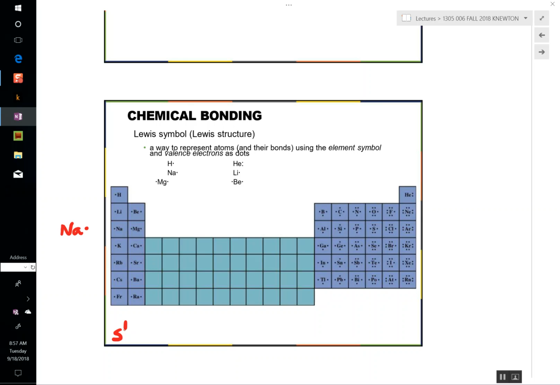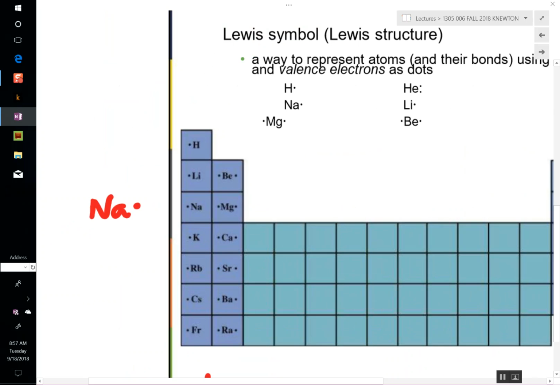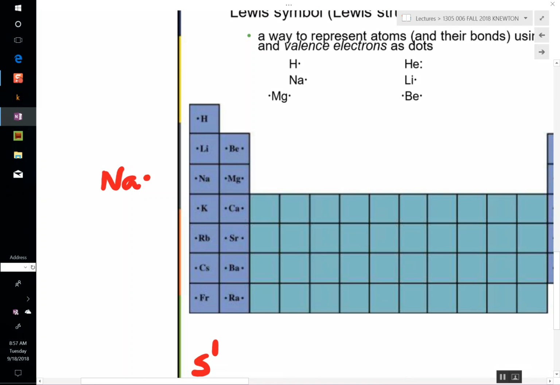So in a Lewis dot diagram for these elements, all you do is change the symbol and put 1 dot next to it. They all have the same Lewis dot structure. So we have lithium with a dot, sodium with a dot, potassium with a dot, representing that one valence electron.